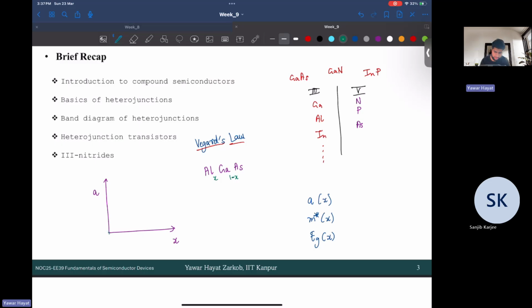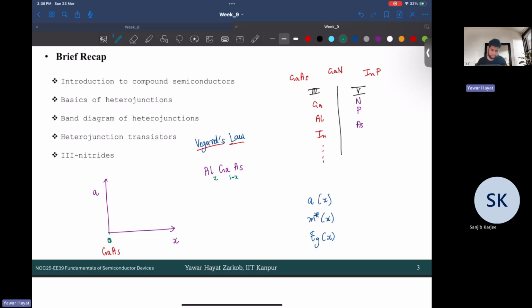And when the value of x is 0, what would this correspond to? What is the material here at x equal to 0? GaAs. Yes, that is gallium arsenide, right?